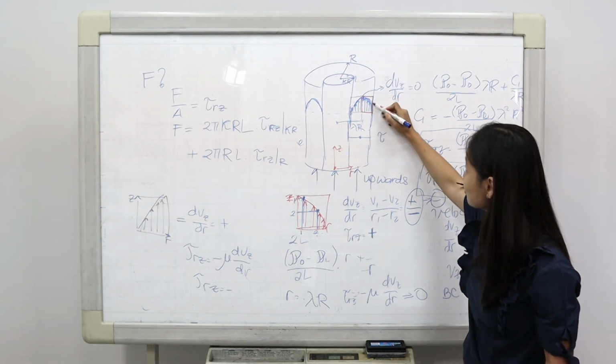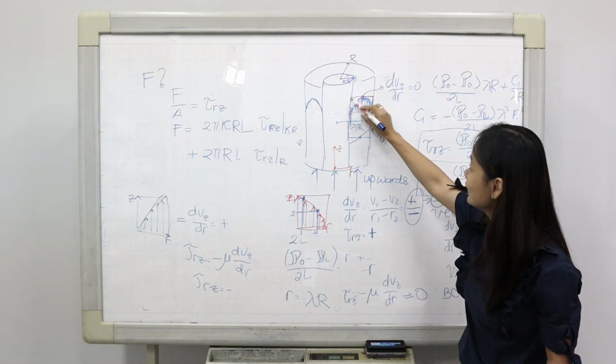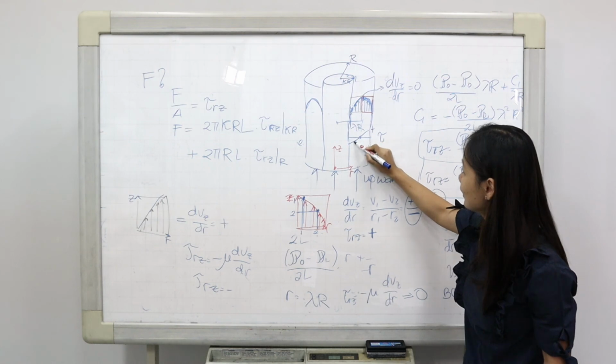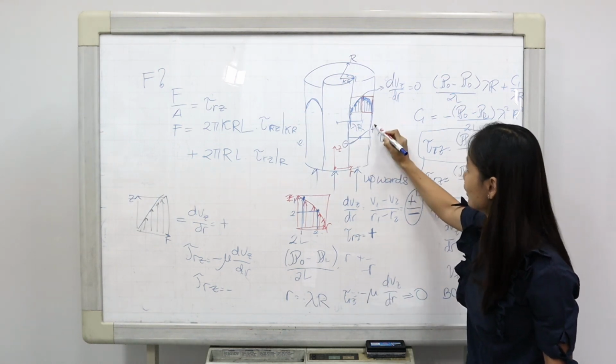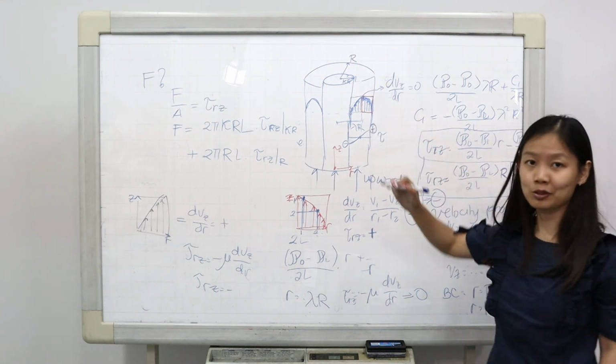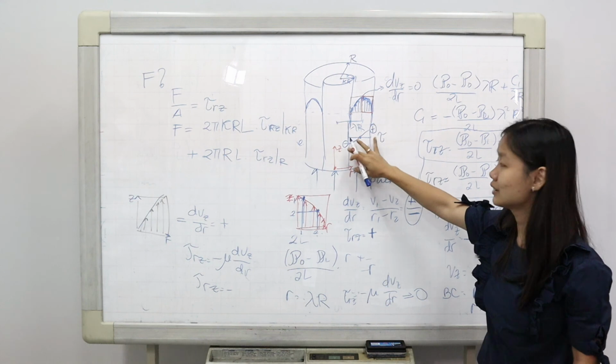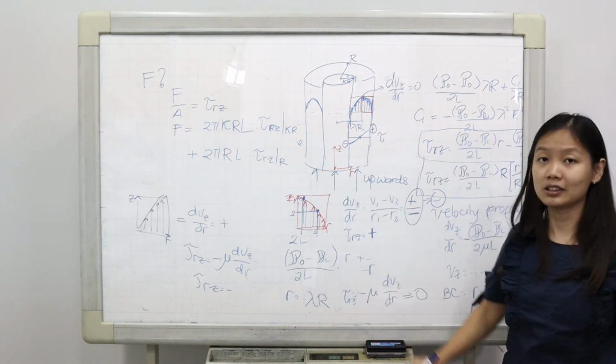So at this point the tau rz is positive, and at this part the tau rz is negative, and in the middle the tau rz is 0. This is interesting because one is positive and the other is negative.